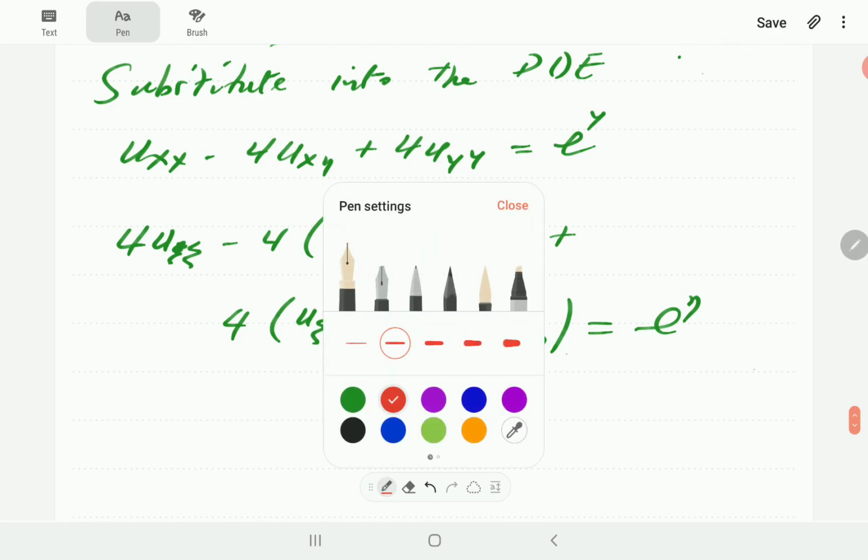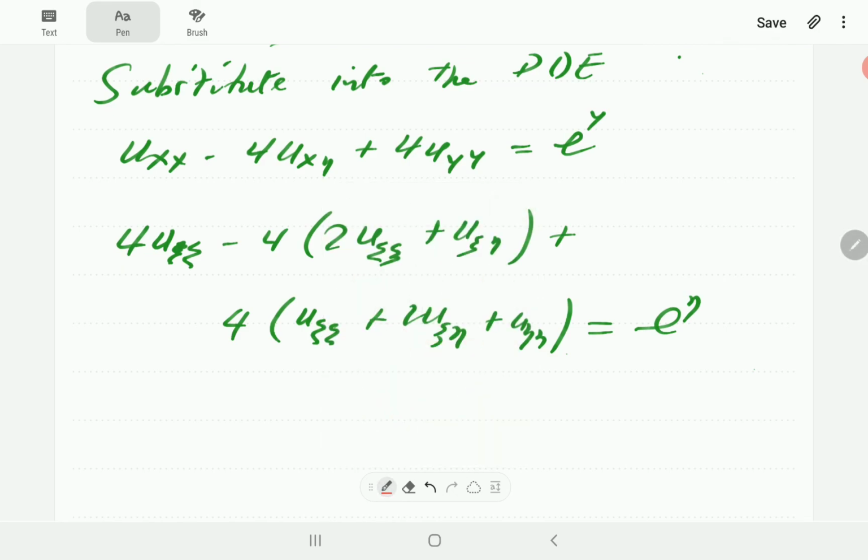Now let's look at the like terms. So xi xi, we've got 4 here, minus 8 there, plus 4, so that cancels out.